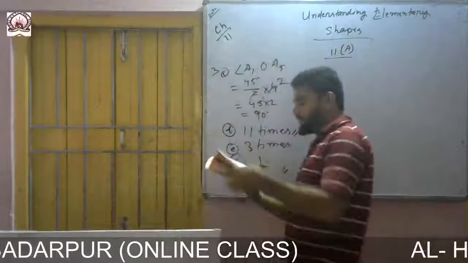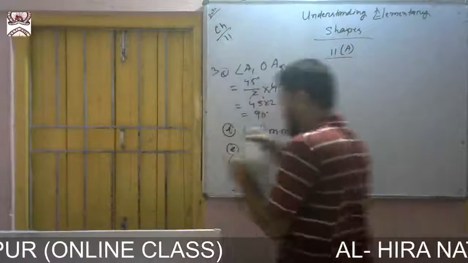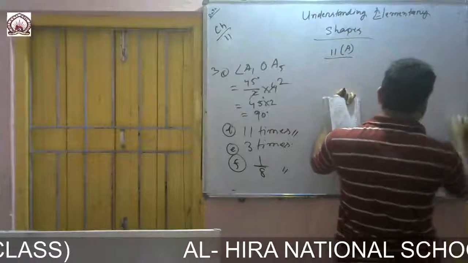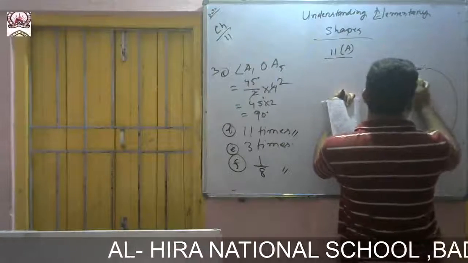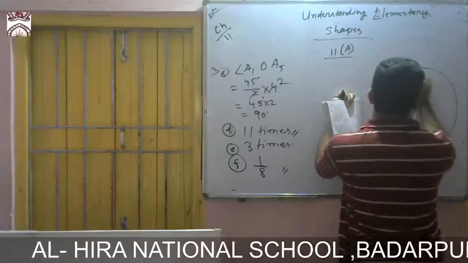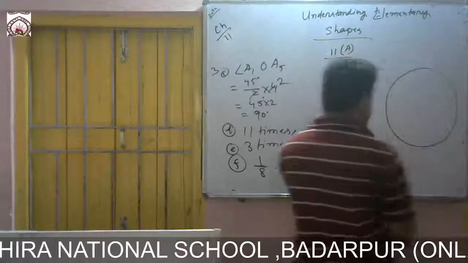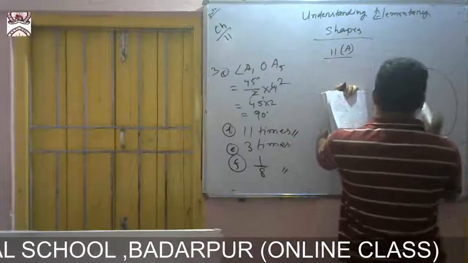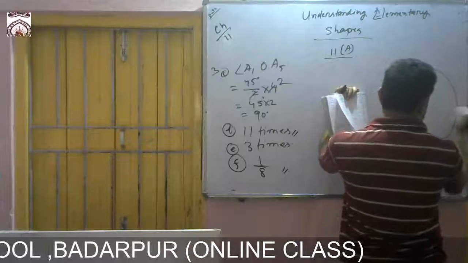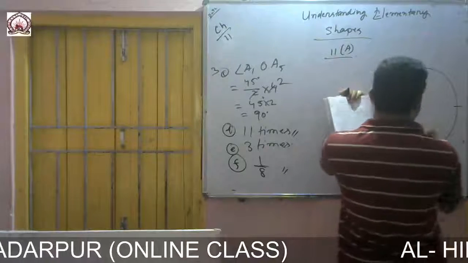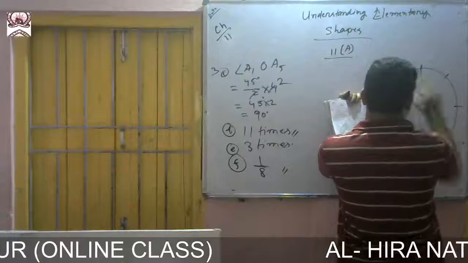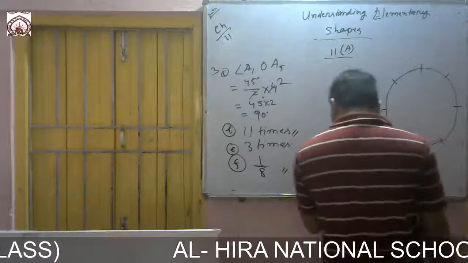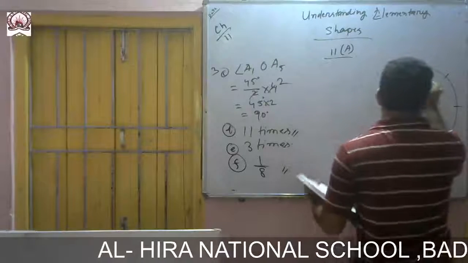Suppose this is a circle. Here it is off.